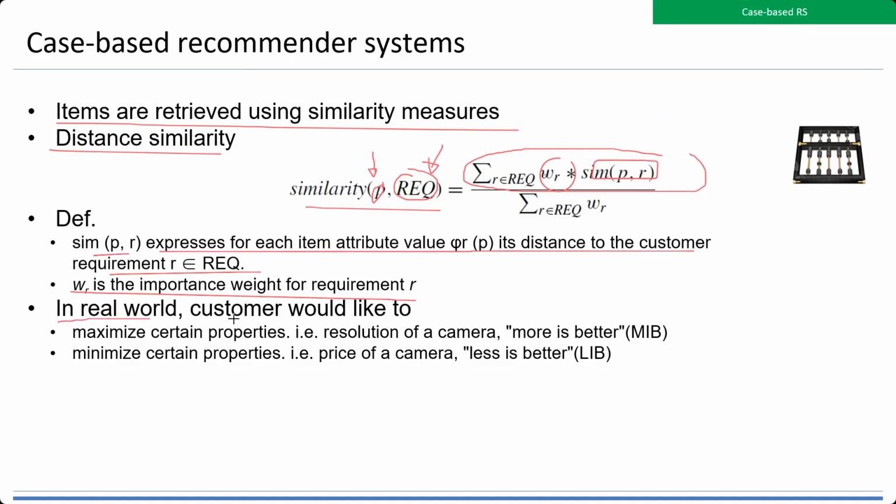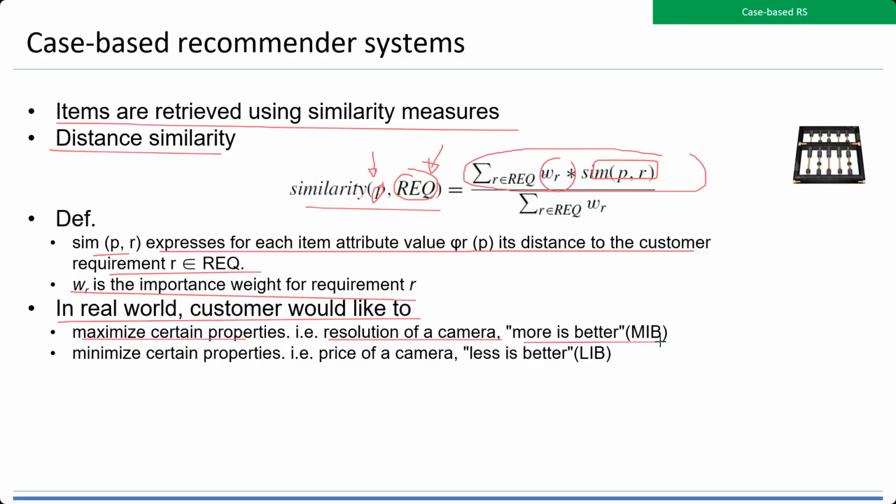So in the real world, customers would like to maximize certain properties. For example, the resolution of a camera: more is better. Of course, if we can get a good camera, we are happy. The higher resolution is better.